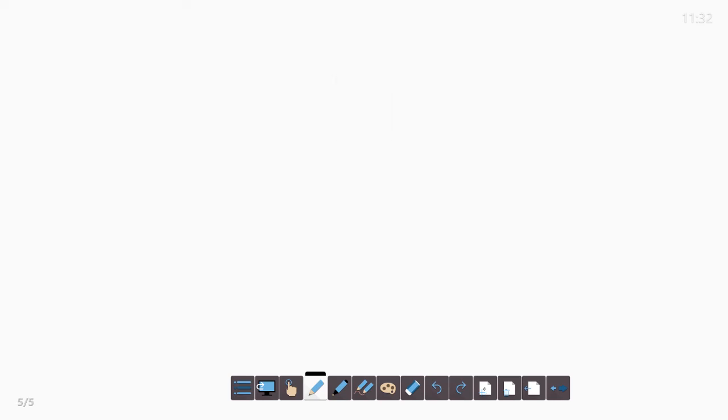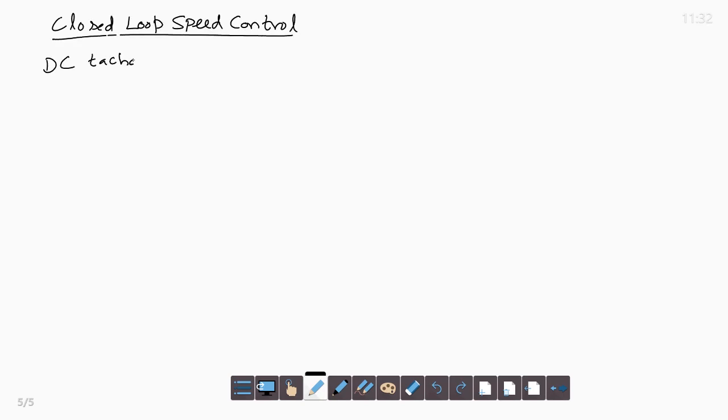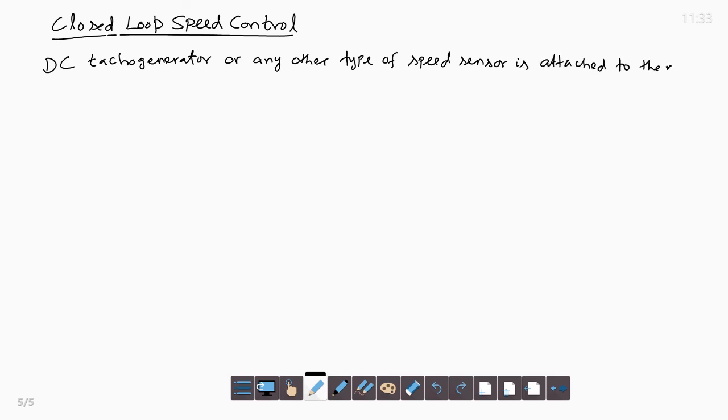So let us consider the closed loop speed control of this drive. A DC tacho generator or any other type of speed sensor is attached to the motor shaft to provide the speed feedback signal.